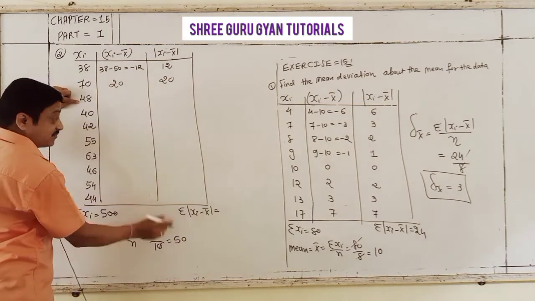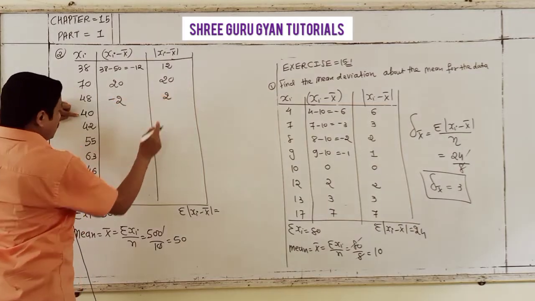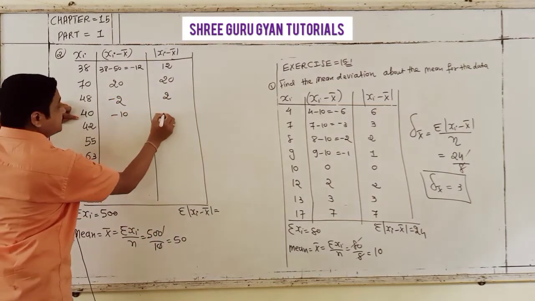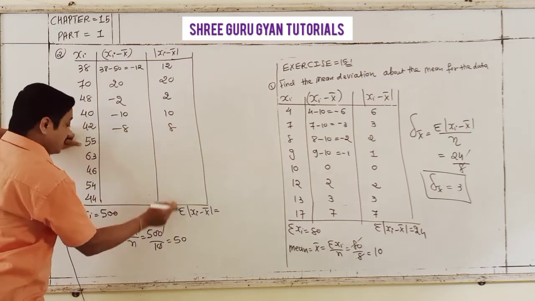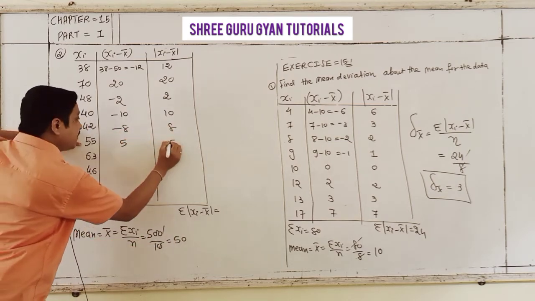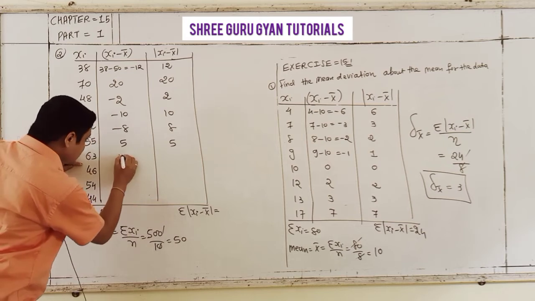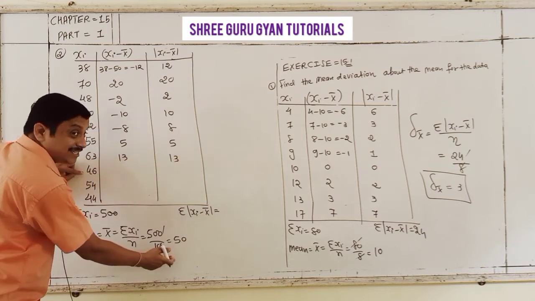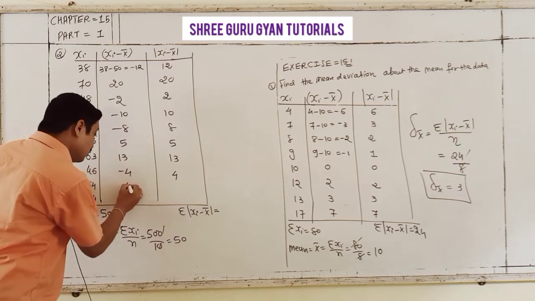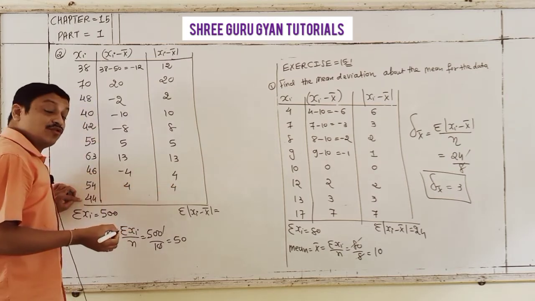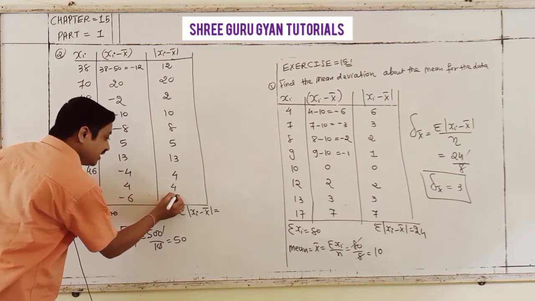Now 48 minus 50, minus 2. 40 minus 50, minus 10. 42 minus 50, minus 8. 55 minus 50, it is 5. 63 minus 50, 13. 46 minus 50, minus 4. And 54 minus 50, it is 4. And last, 44 minus 50, minus 6, it gets 6.